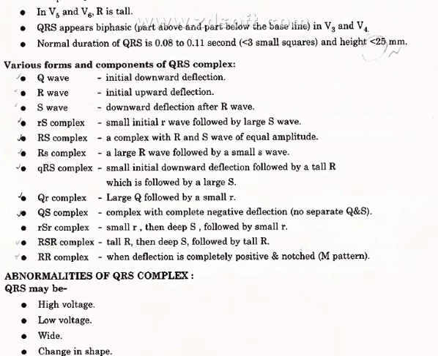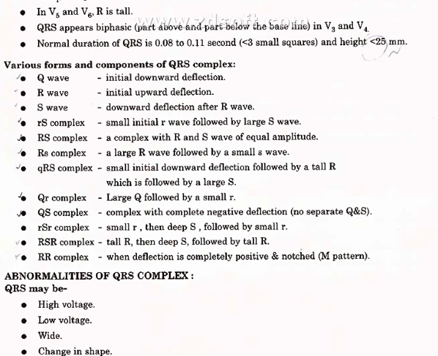Now various forms and components of QRS complex. Q wave, initial downward deflection. R wave, initial upward deflection. S wave, downward deflection after R wave. rS complex, small initial R wave followed by large S wave. RS complex, R and S wave of equal amplitude. Rs complex, a large R wave followed by small S wave. qRS complex, small initial downward deflection followed by a tall R which is followed by a large S. Qr complex, large Q followed by a small r.